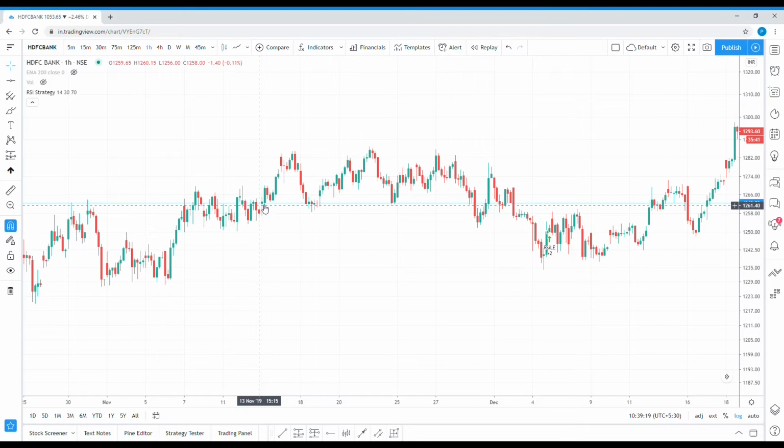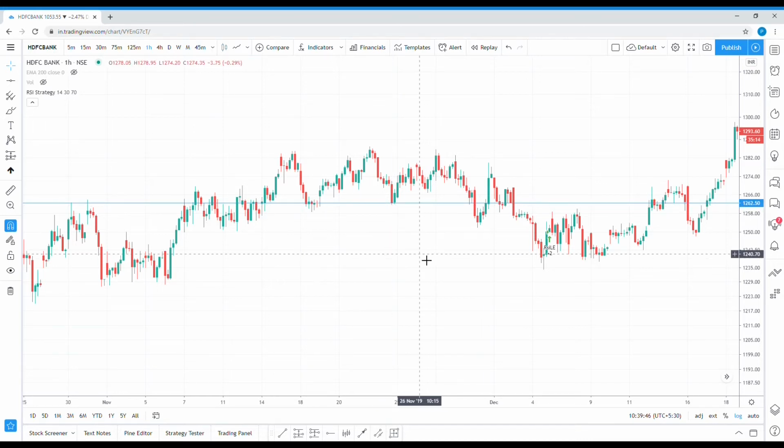Now we have a confirmation of this support. So what we can expect is that when the price comes down, it is going to take support here, and we will take the entry here, which might give us the profit, right?